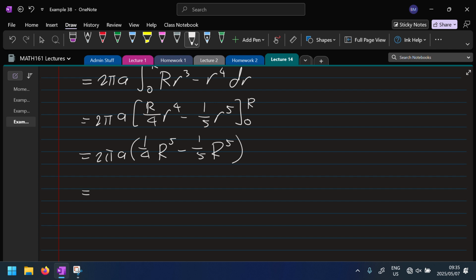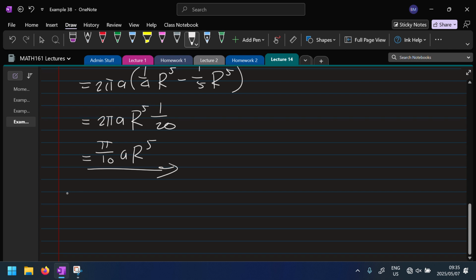Then we have 1/4 minus 1/5, that's 1 over 20. So we end up with pi over 10 a R to the 5. So that will be the moment of inertia for this disk.